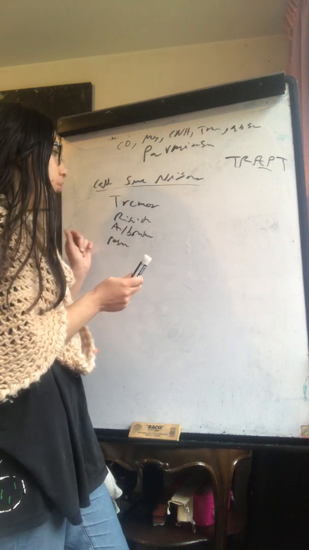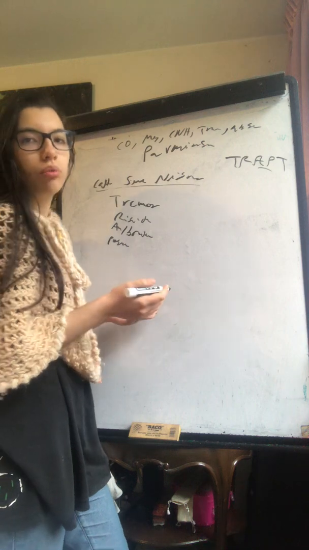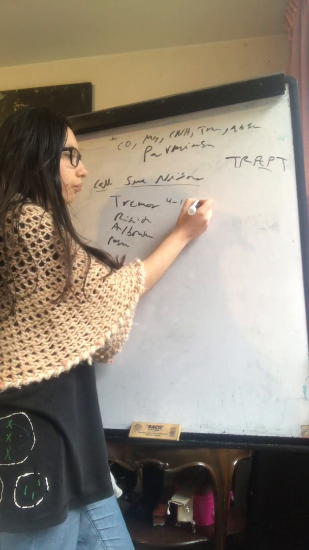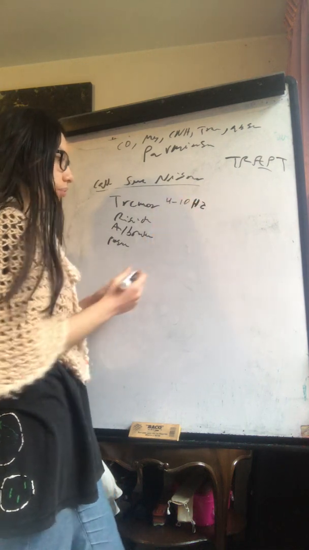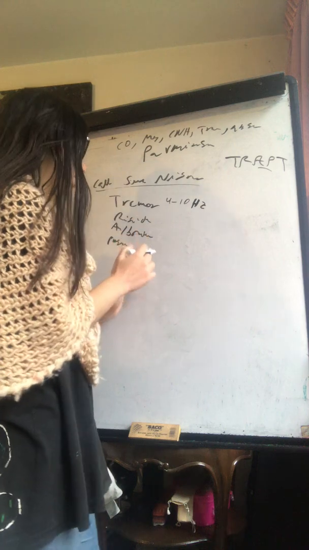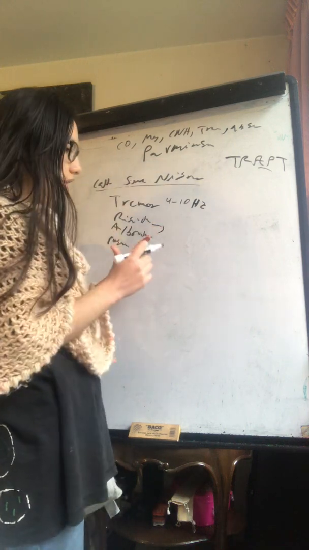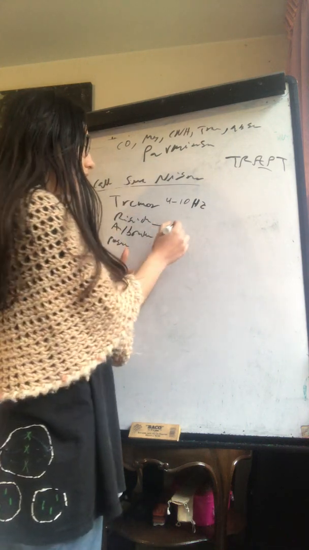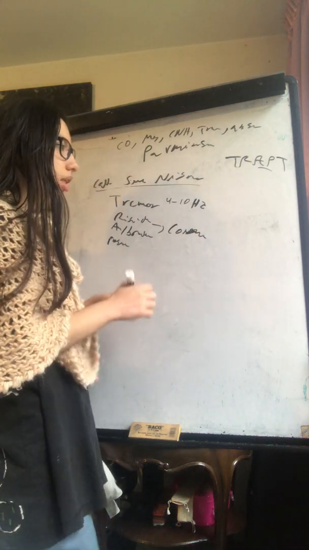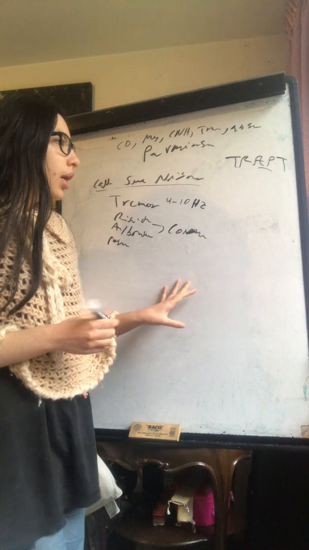that you find. So we have tremor, a slow tremor, 4 to 10 hertz, most of the time 4 revolutions per second, and the rigidity, on top of the tremor, is cogwheel rigidity, and this is the presentation of Parkinson's disease.